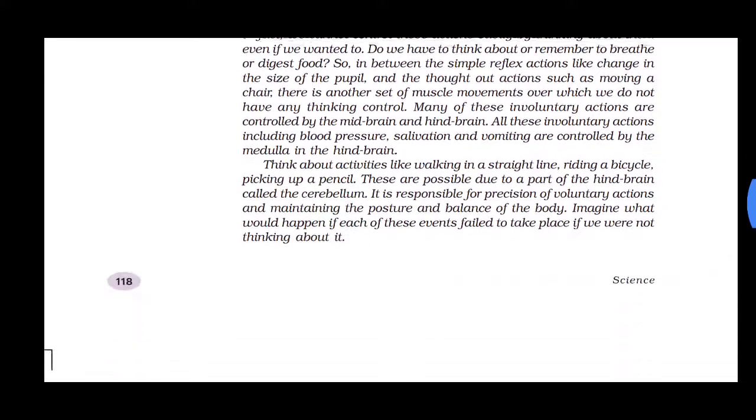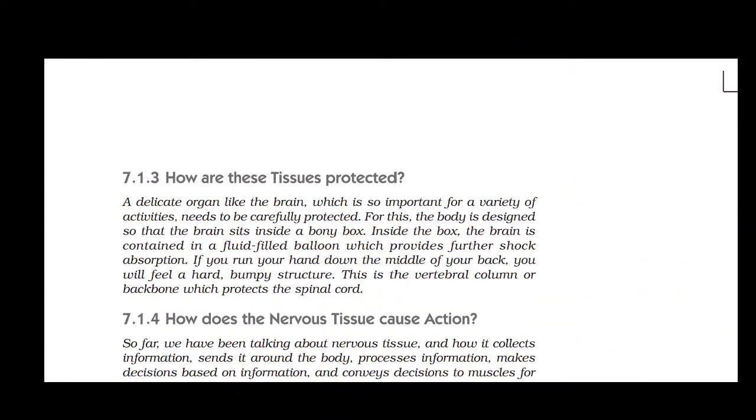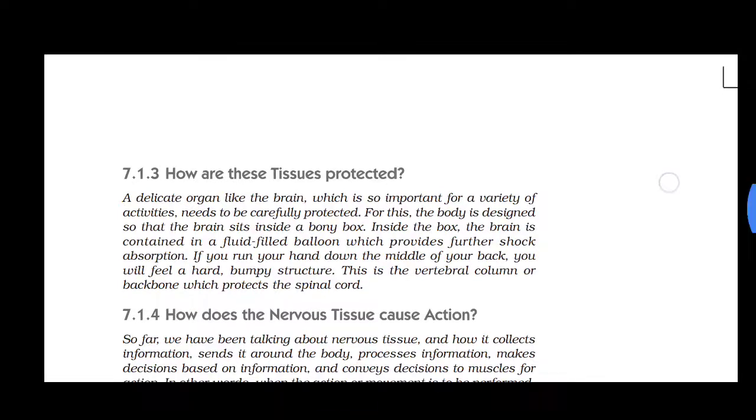Now, the protection of the spinal cord and the brain. The brain is protected by a fluid-filled balloon which acts as a shock absorber and is enclosed in the cranium, skull, or the brain box. The spinal cord is enclosed in the vertebral column. Now, how is the information passed?